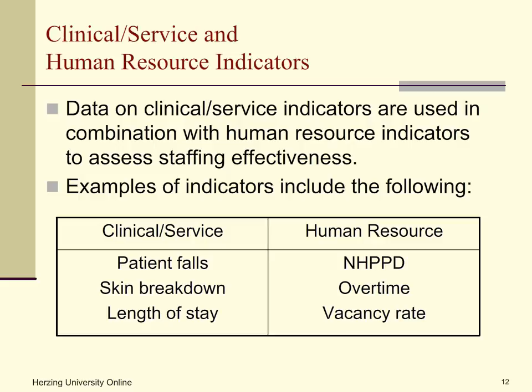Examples of indicators that are used to assess effectiveness, some of the clinical examples are patient falls, the number of falls, tracking the skin breakdown, the number of skin breakdowns, and the length of stay, the LOS. Some of the human resource indicators are the NHPPD, which we discussed earlier in part 1 of the class, the nurse per patient ratio, nursing hours per patient day, overtime, and vacancy rate.